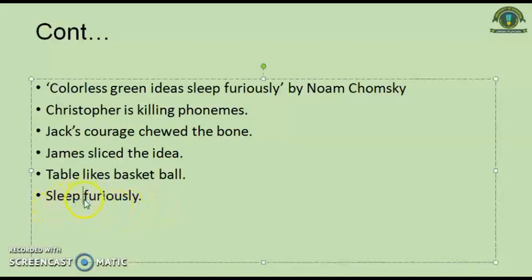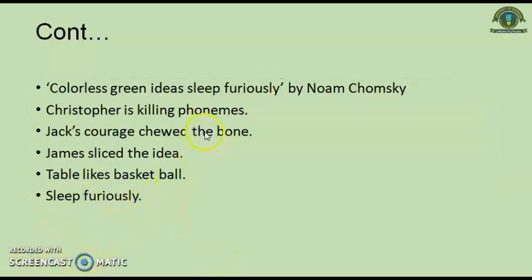So this is also an example of anomalous expression, when something nonsense is going to happen, or giving meaning, it is not based on meaningfulness. So this is an example of anomaly. In the above example, colorless green ideas sleep furiously. The meaning of color includes the semantic feature.